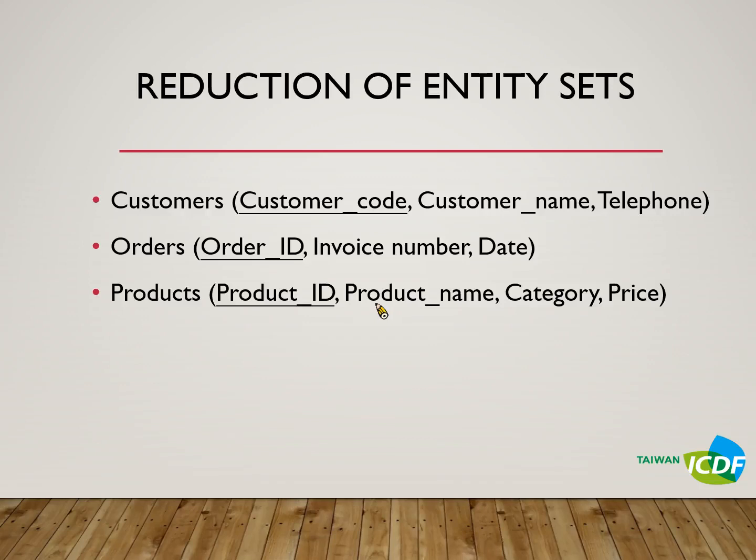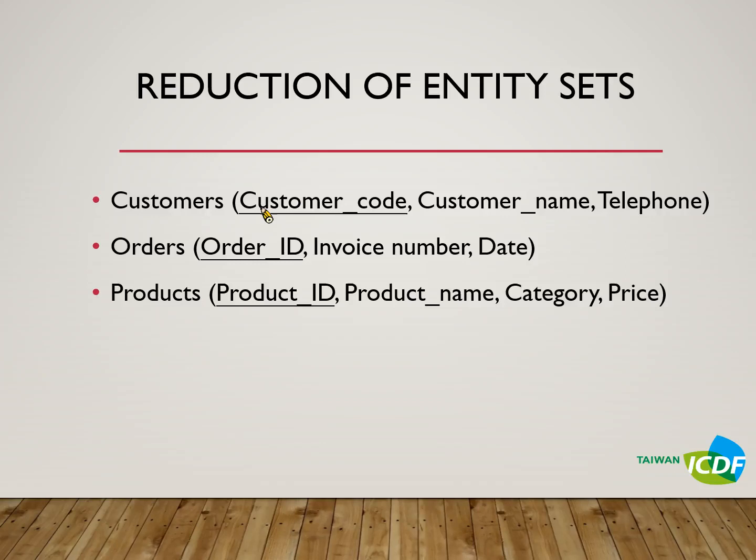We can convert each entity set into an individual table. In general, the names of entity sets can be used as the table names, followed by the attributes listed in the entity set. And don't forget to indicate primary keys for these tables.